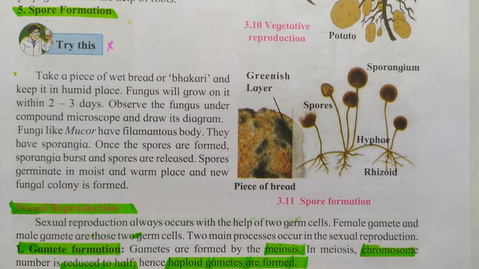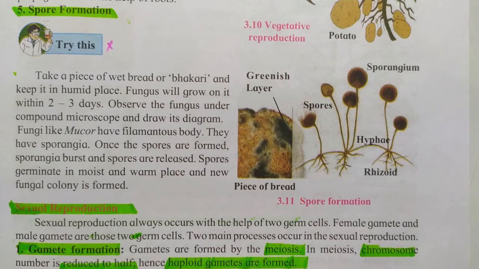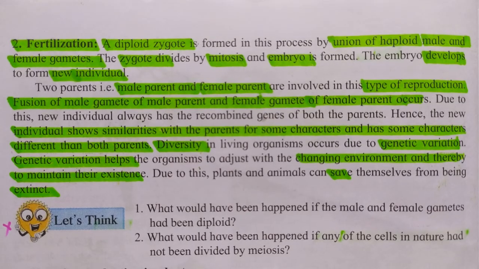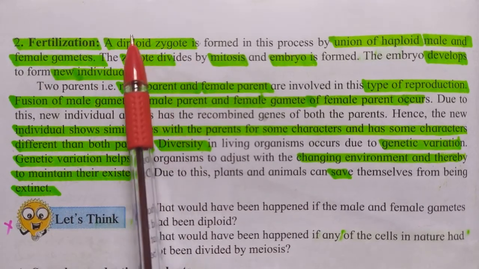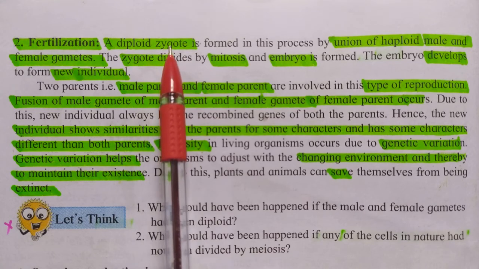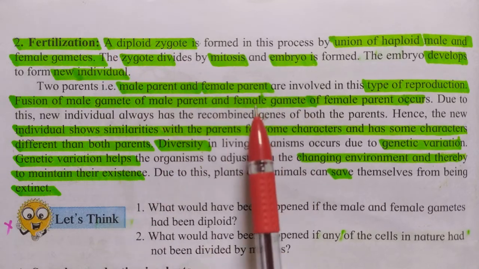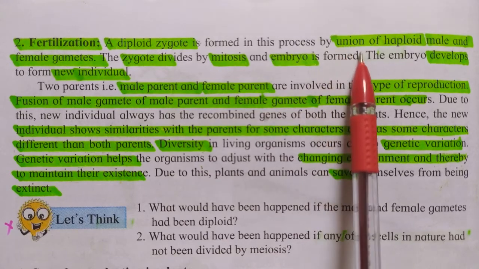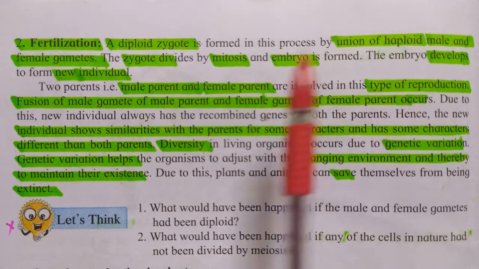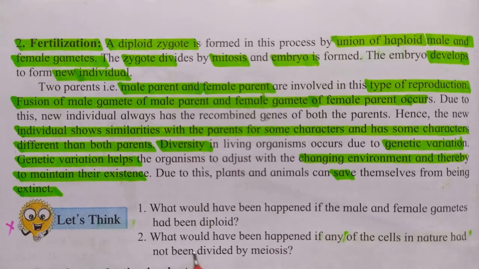Now we'll turn towards the next main process in sexual reproduction, that is fertilization, which is there on the next page. So here we are with fertilization. In fertilization, a diploid zygote, zygote means combination of male and female gamete, is formed by union of haploid male and haploid female gamete.